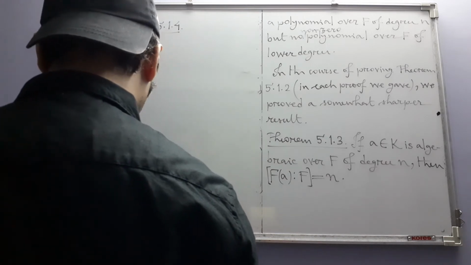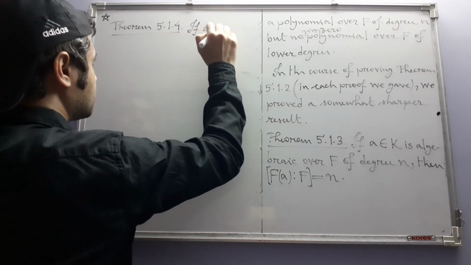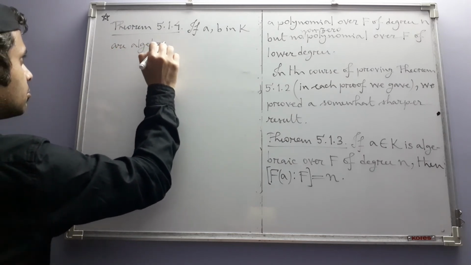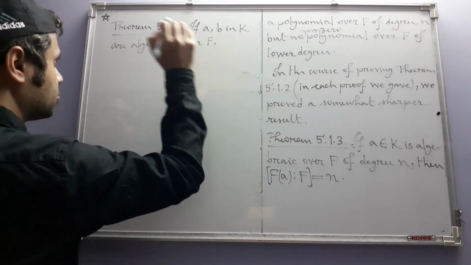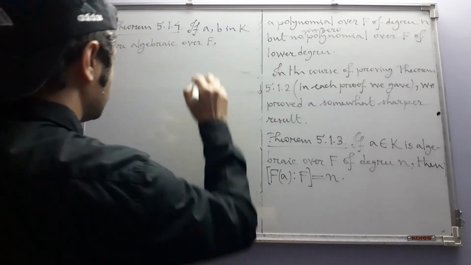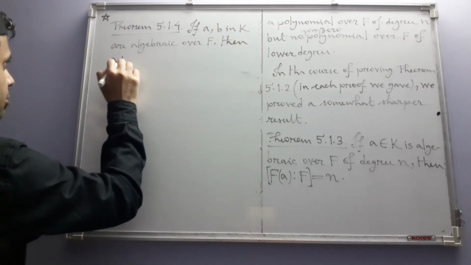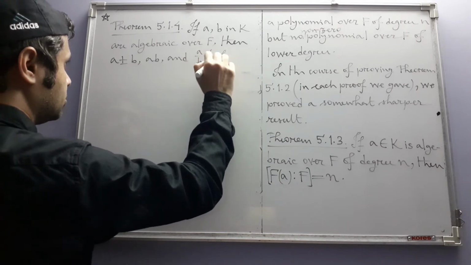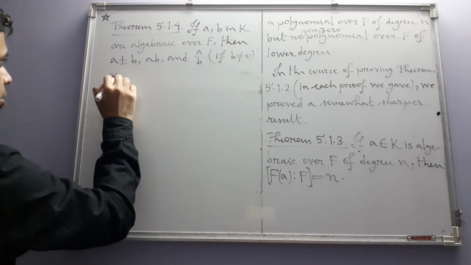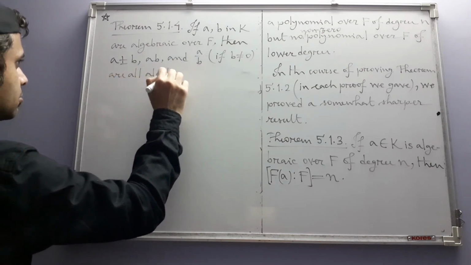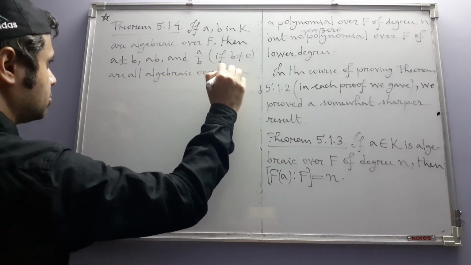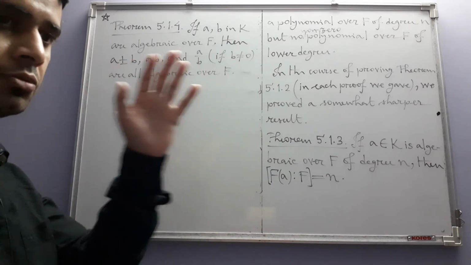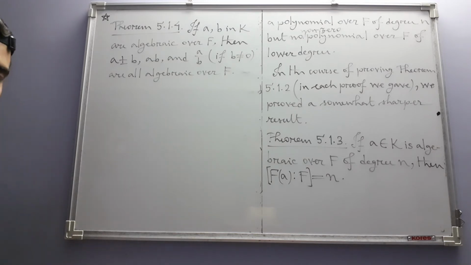If a and b in K are algebraic over F, then the sum and difference of a and b, the product ab, and the quotient a by b, which of course can be considered only when b is non-zero, are all algebraic over F.